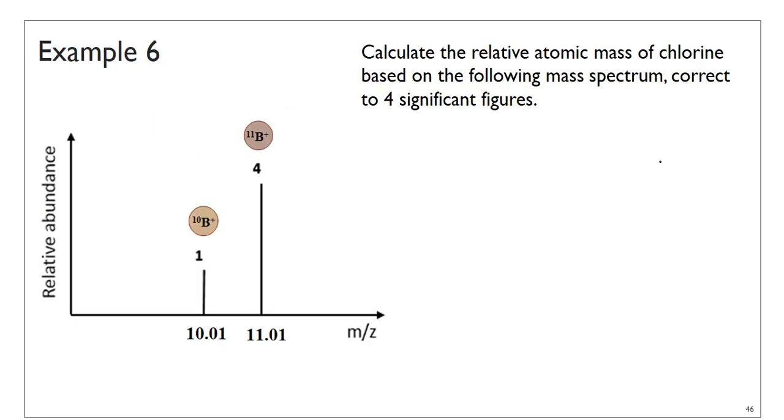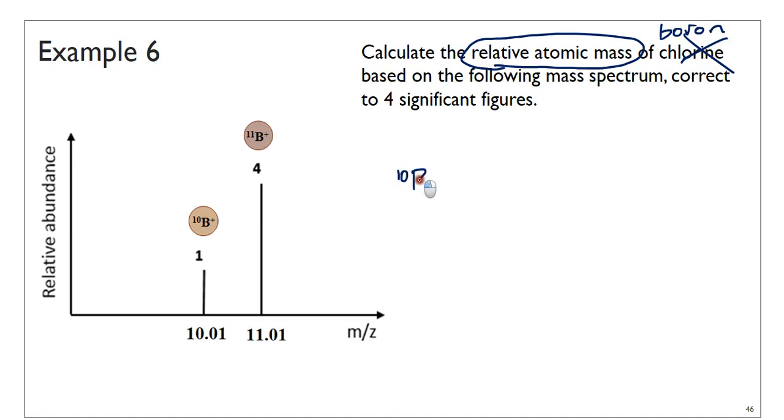All right, so based on that graph, the one thing that you are going to have to do, as example 6, is I can give you this graph and ask you to calculate the relative atomic mass again. This is not chlorine anymore, this is boron. You just need to be able to translate from the graph to relative isotopic mass as well as percentage abundance.